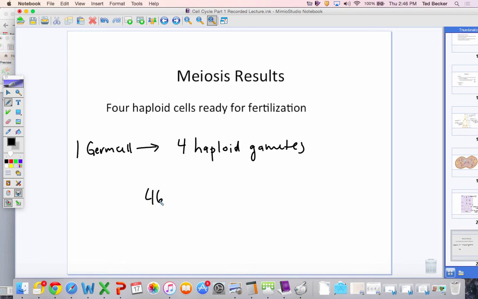The reason why you go from 46 to 23 chromosomes is because through fertilization, you have to combine 2 sets of chromosomes. And then in the end, you'll have a whole organism. But if you didn't first go through meiosis, you'd have way too many chromosomes in your progeny.